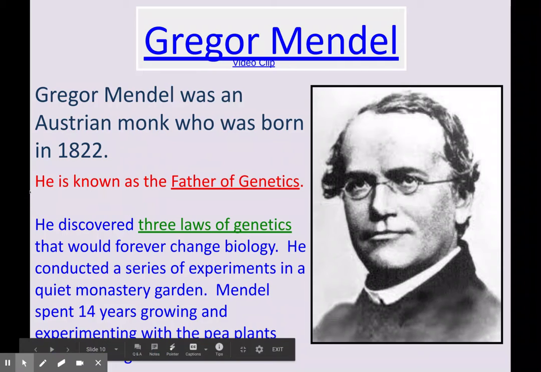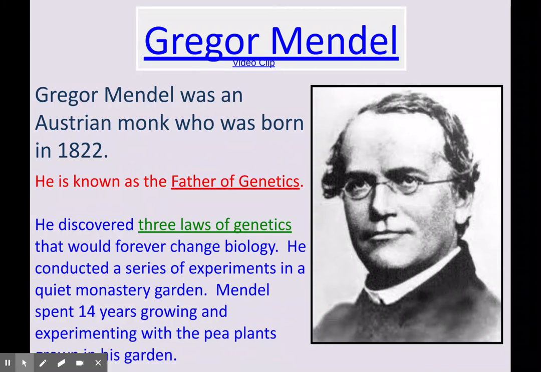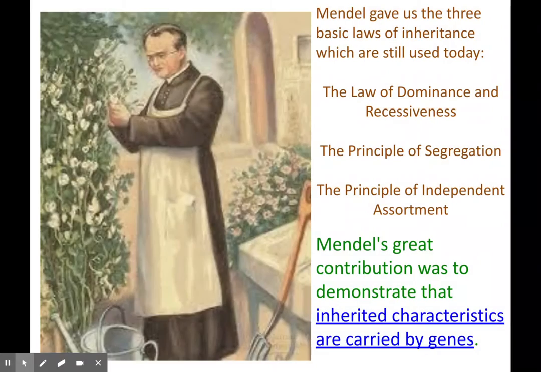Gregor Mendel is the scientist that is most famously known for his work in genetics. He was actually a monk, and we have watched a little video about him. We're going to talk a little bit more about what work he did. So he's considered the father of genetics, and he worked with pea plants. And so he spent much of his life working with these pea plants.